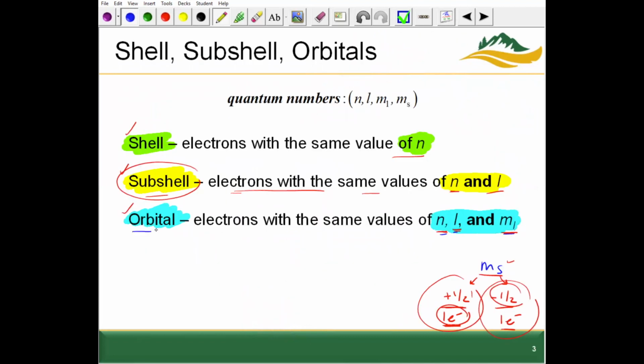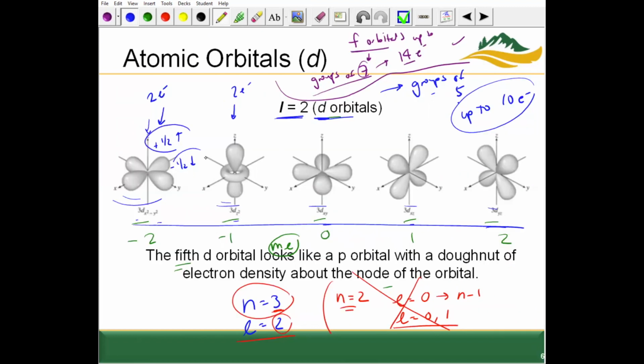Remember, we define orbital as the n, l, and m sub l all together. So this is how m sub s fits into all of this. That's also why 2 electrons cannot have all the same 4 quantum numbers. One electron here would have to be spin up, or plus 1/2 for the ms value. Then the other electron here would have to be minus 1/2 for the second possible ms value.